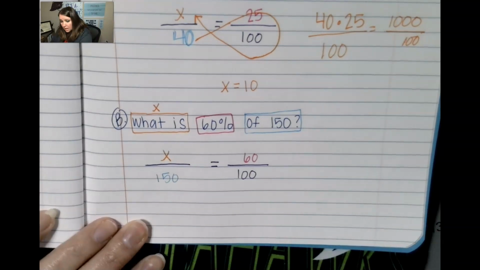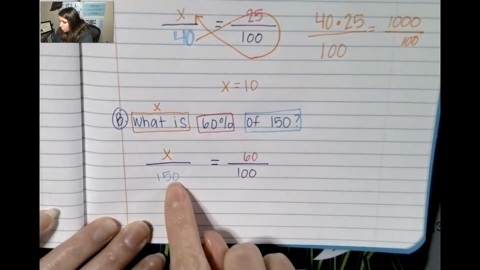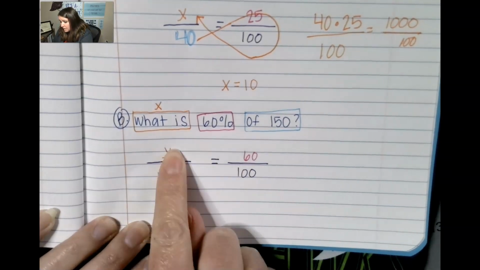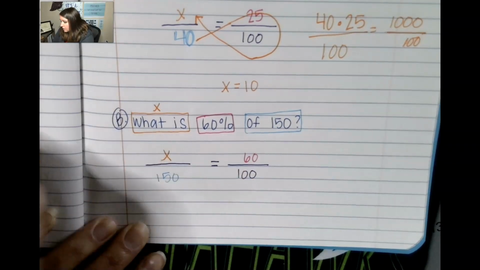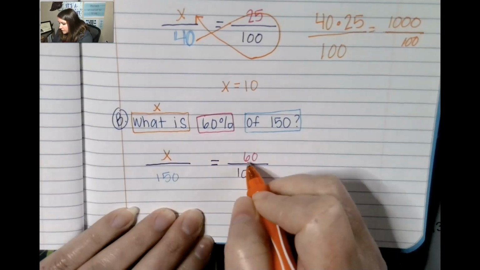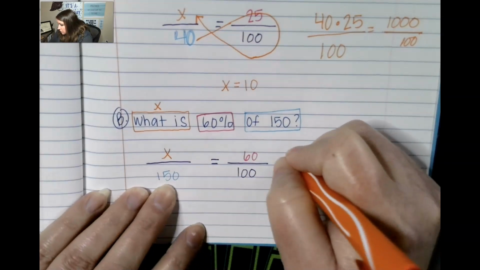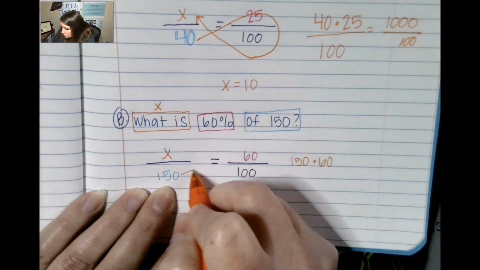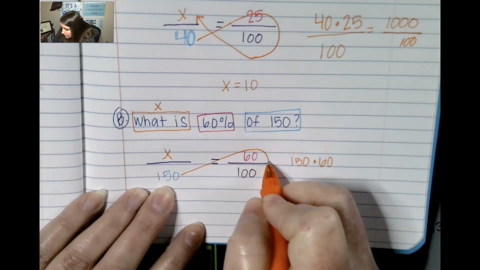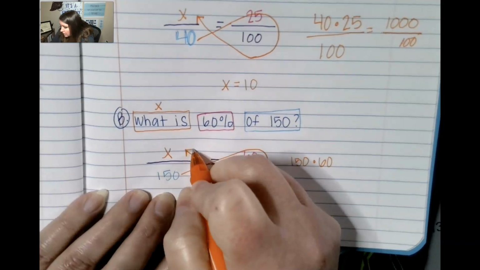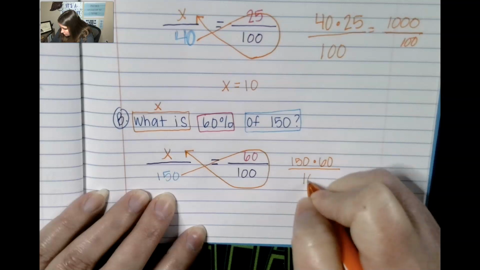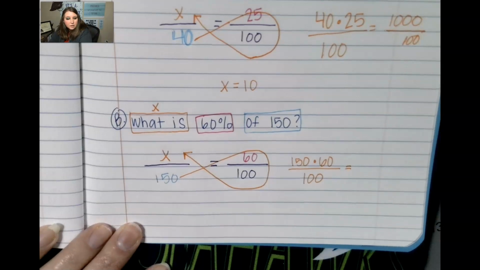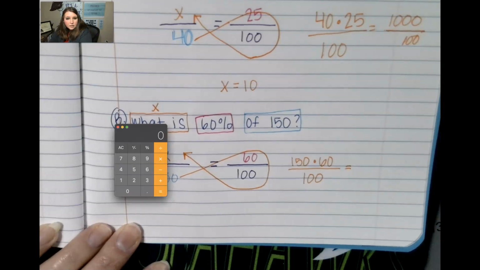So I'm going to look at the ones that are across from each other. 150 is across from 60. We don't know this, so we can't multiply that by anything. So we're going to say, what is 150 times 60? These two are across from each other, so we're going to multiply, divide by 100, and that will give us x. All right, so again, pull out your calculator, clear it out.